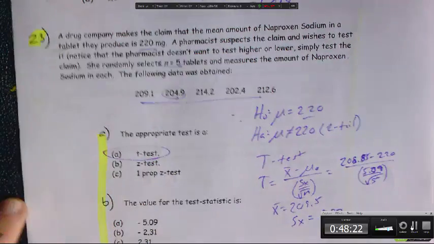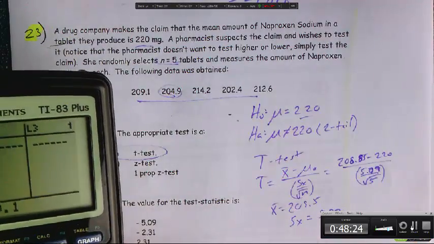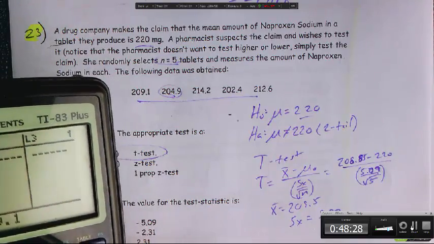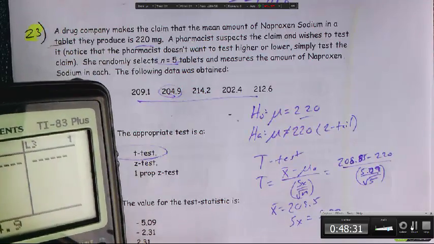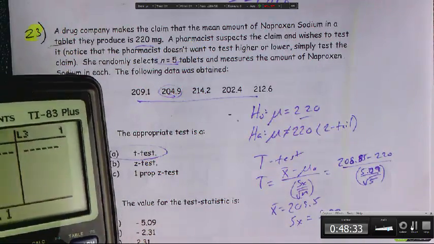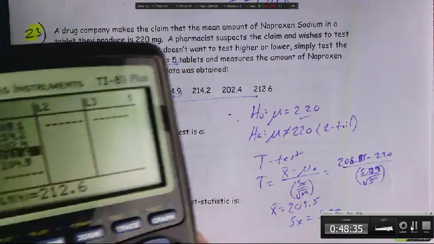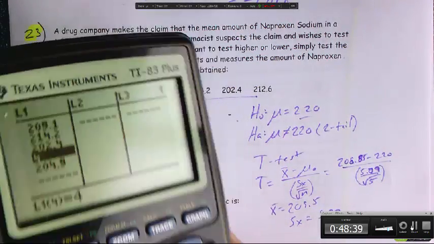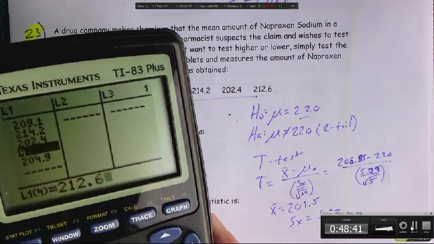Another typo, guys. 202.4 I typed in as 202.1. So 209.1, 204.9, 214.2, 202.4, and 212.6.